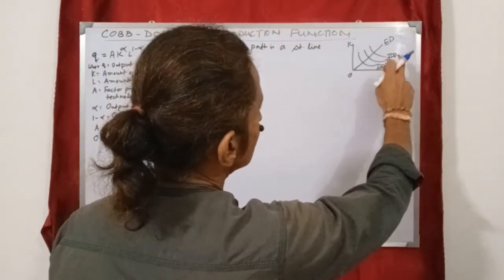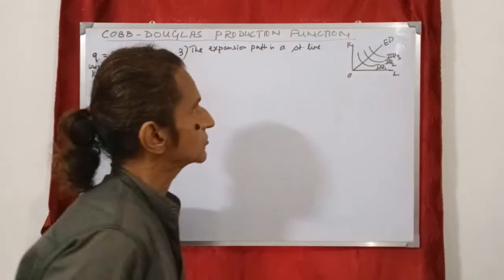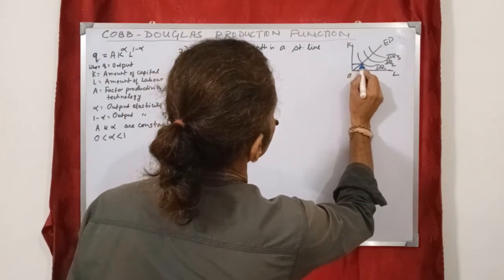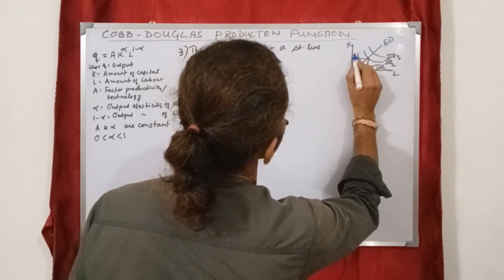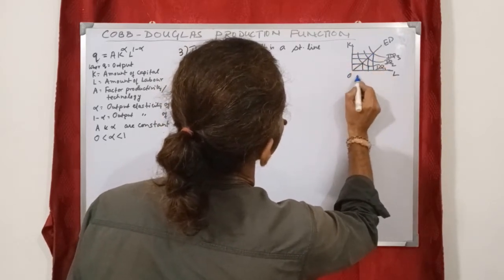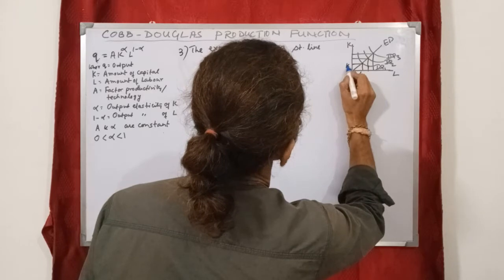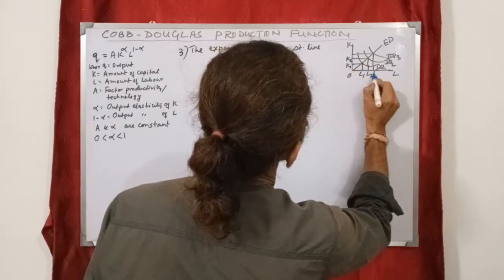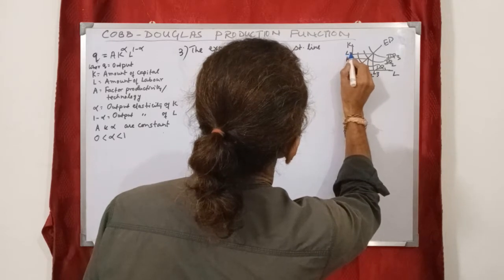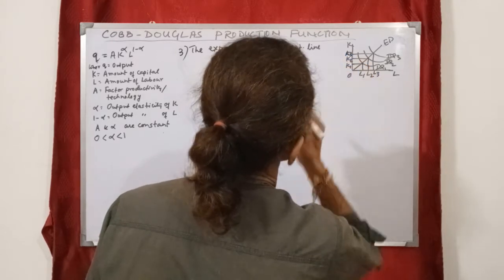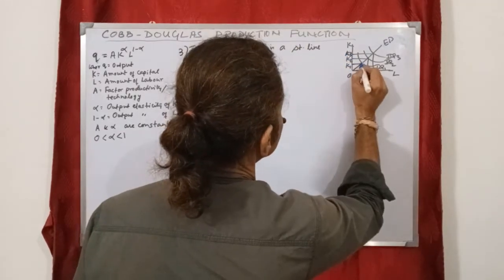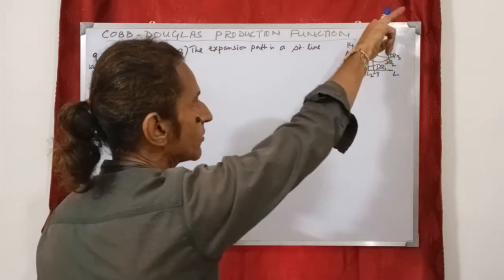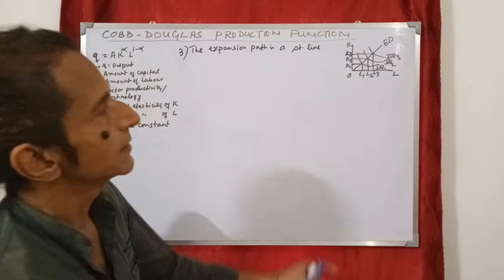IQ1, IQ2 and IQ3 are isoquants. These are the input combinations. This is L1, this is K1, this is L2, this is K2, this is L3 and this is K3. So we get these points on isoquants, and if we join these points, we get the expansion path.